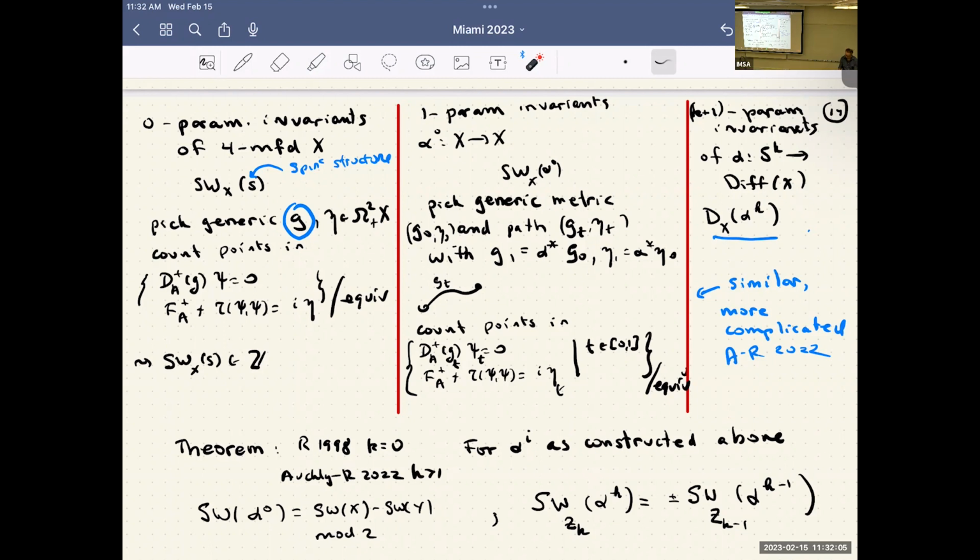Is there a sense, I guess the example of the K3 is perhaps the simplest example where you see some of these phenomena? Well, actually, I think these days, there is recent work by Kono and Jianfeng Lin, where they show something similar.